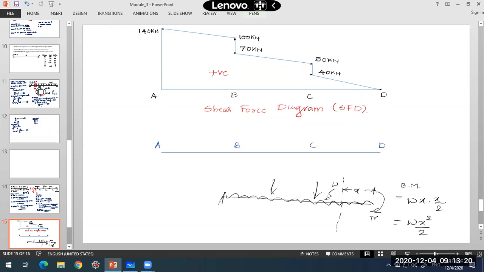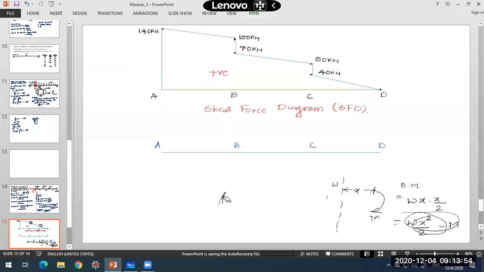Additionally, if you have a couple, you will be adding that couple also here. But the whole equation will be quadratic in nature. So what will be the variation here? It will be varying parabolically. So the line representing the variation of bending moment will not be a straight line here. It will be a curved line, because x to the power 2 is there. So we'll be representing that with a curved line here.